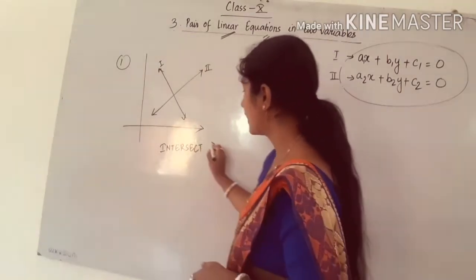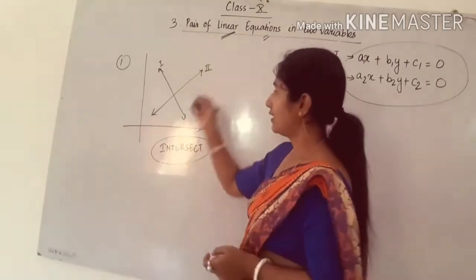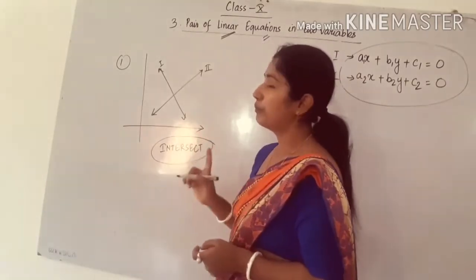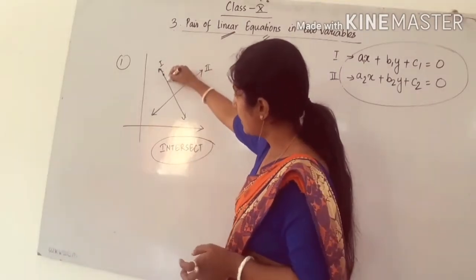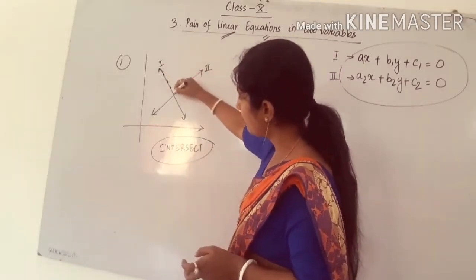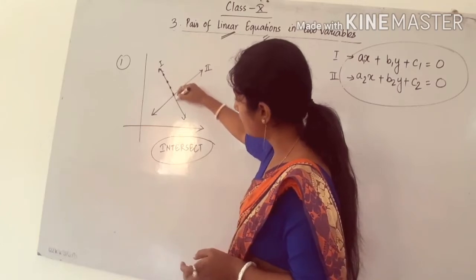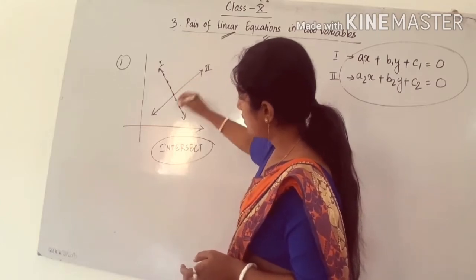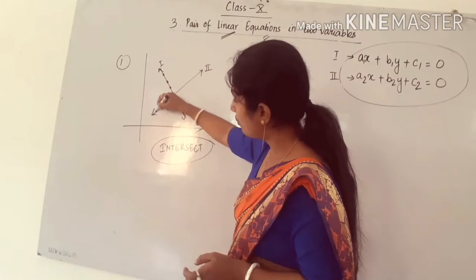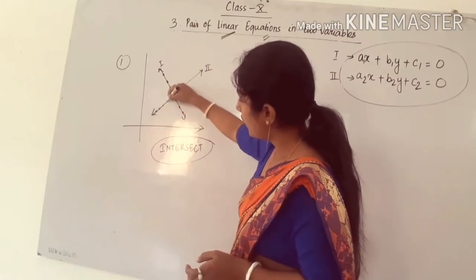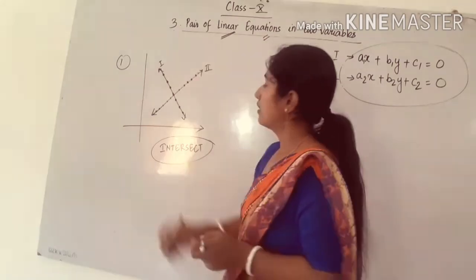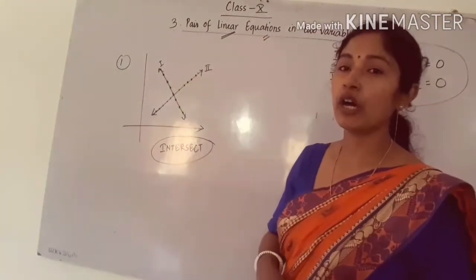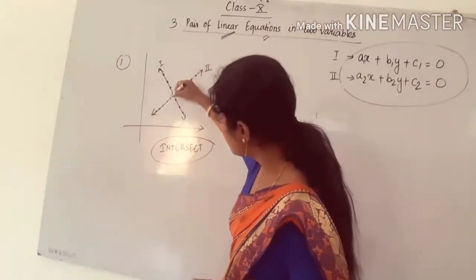So what happens when lines intersect? See here, first of all, by plotting the first line, we can easily say that a line passes through infinitely many points. Similarly, line number 2 will also pass through infinitely many points. But as you see, there is a common point between 1 and 2, and this common point is this one.